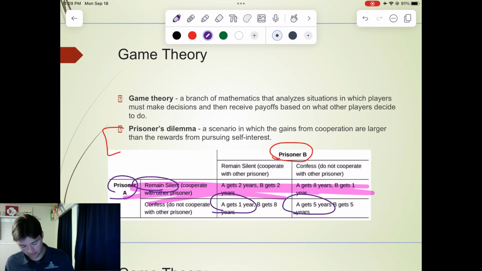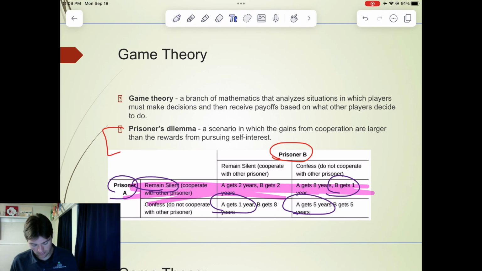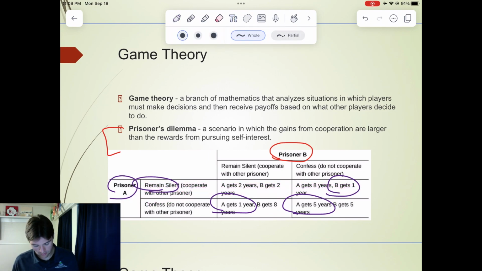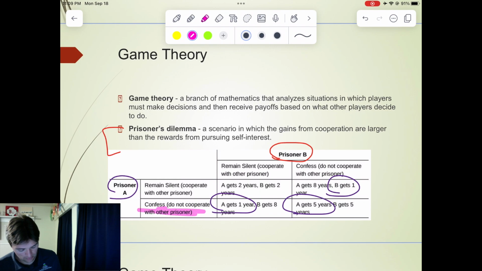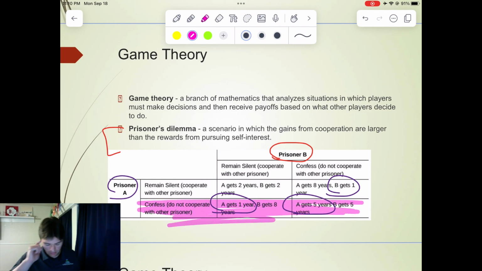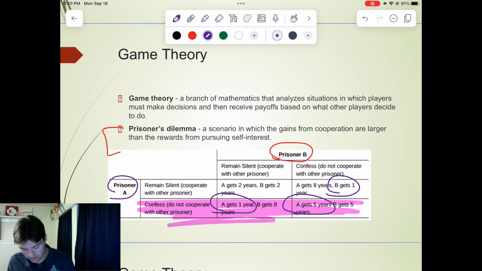Obviously, they're going to pick the 1 year. Now, if A were to confess, what would B do? That's the bottom row there: B would either get 8 years or 5 years. And obviously 5 years is better, so they would choose 5.